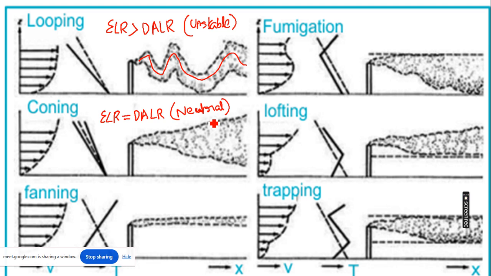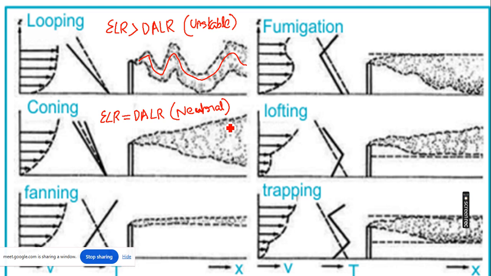It's neither stable nor unstable, so the pollutants emitted from the tower will have a coning shape. Based on the wind speed and wind direction, it will move according to the wind, and it will get dispersed on both sides, forming a coning shape.